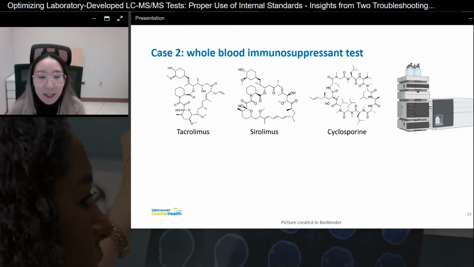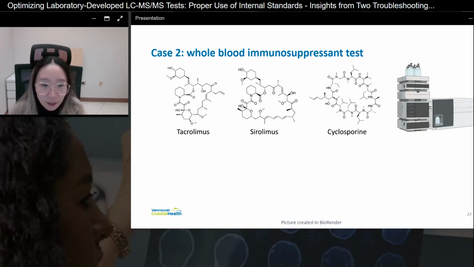Okay, let's move to our second case, the whole blood immunosuppressant test, which covers 3 different immunosuppressant drugs: tacrolimus, sirolimus, and cyclosporine. This is also a test that has been running in our lab for a very, very long time, nearly 2 decades.